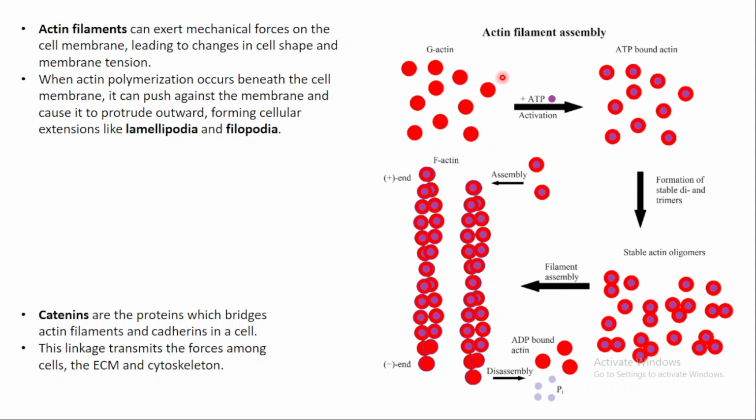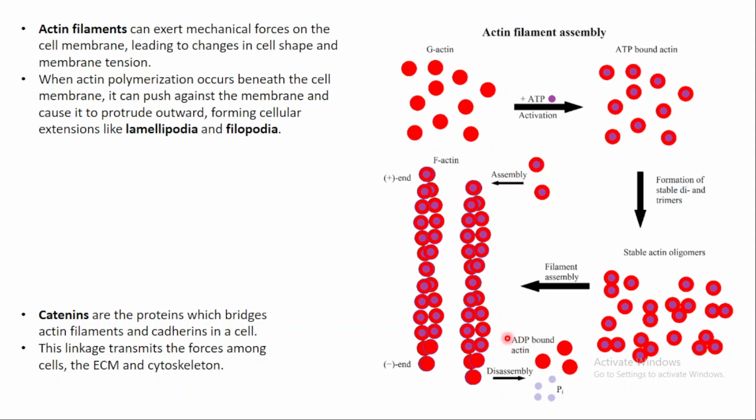So here is the process of actin filament assembly. We have G actin, which refers to globular actin, the subunit of the actin filament. When ATP is bound to G actin, G actin forms stable dimers and trimers, stable actin oligomers, and then filament assembly is mediated.